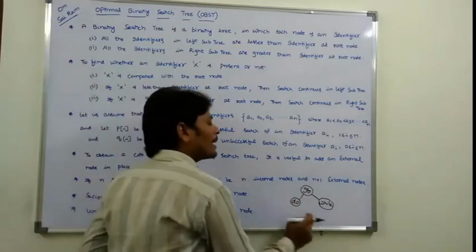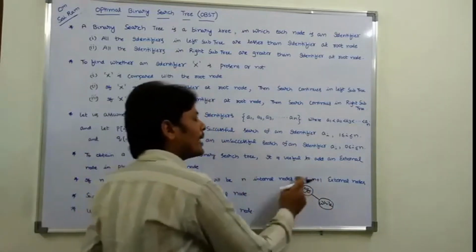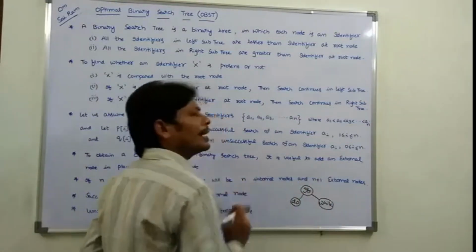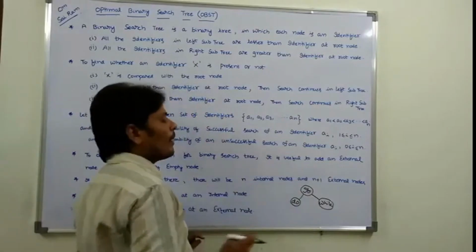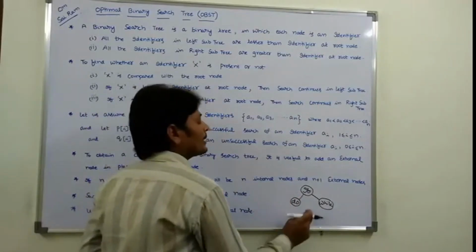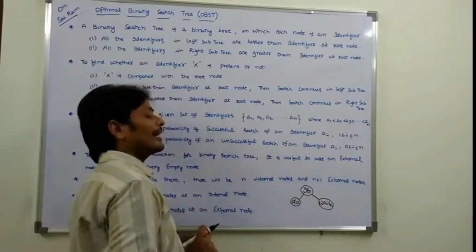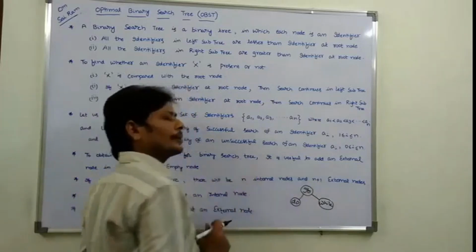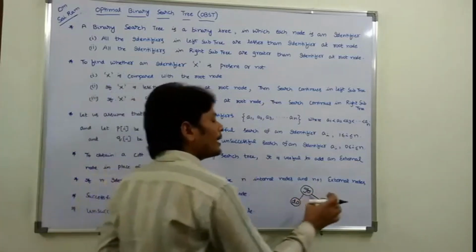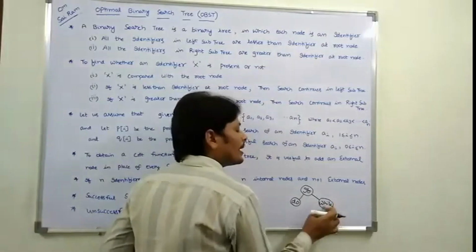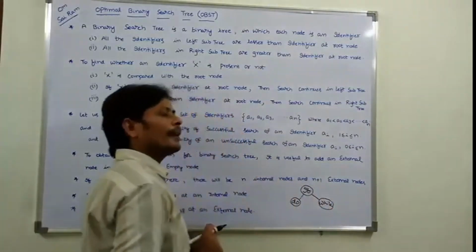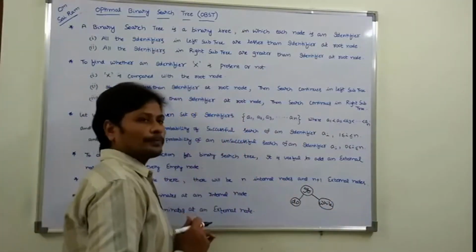So this is a binary search tree. In that binary search tree, all the identifiers at the left subtree are less than the identifier at the root node, and all the identifiers at the right subtree are greater than the identifier at the root node.